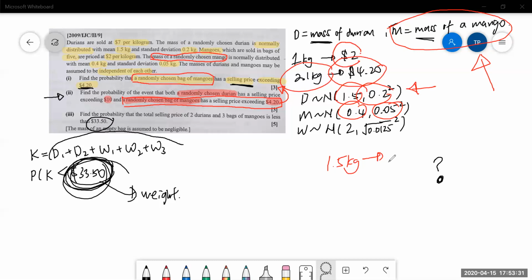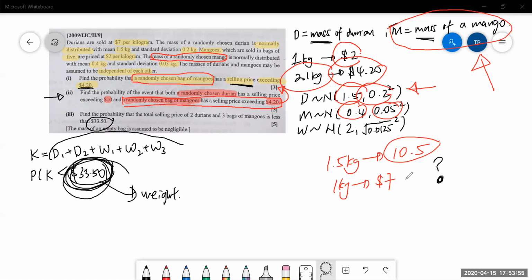Because 1 kg is $7, so 1.5 kg will be $10.50. That's how they get 10.5. You understand what I'm trying to say?